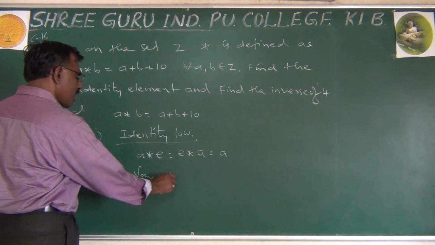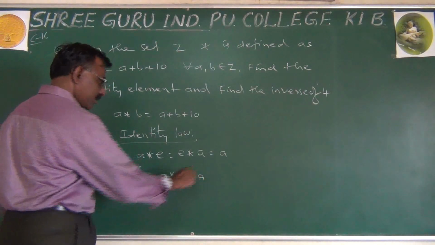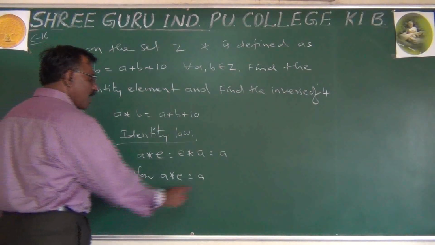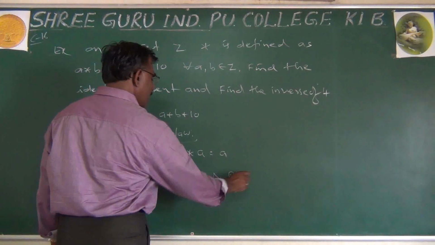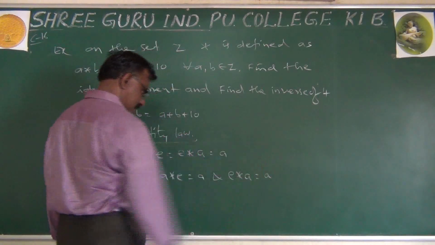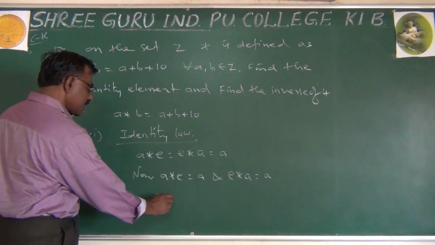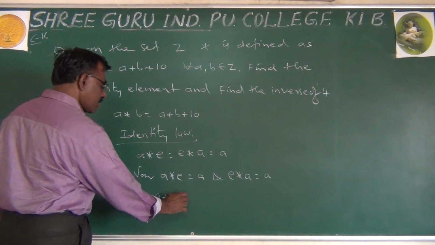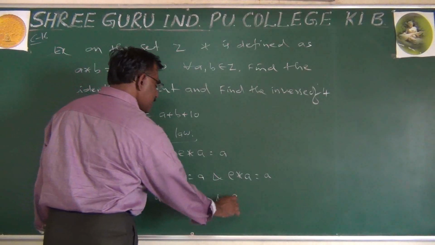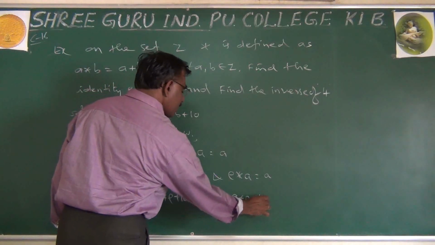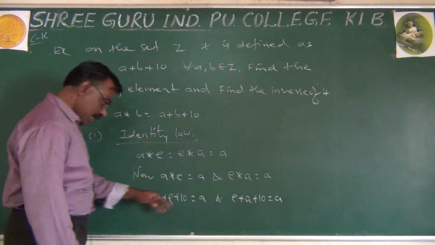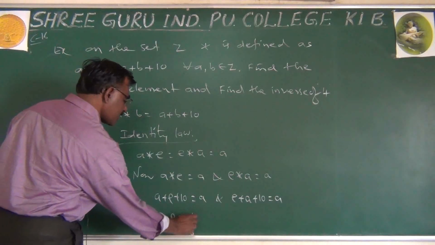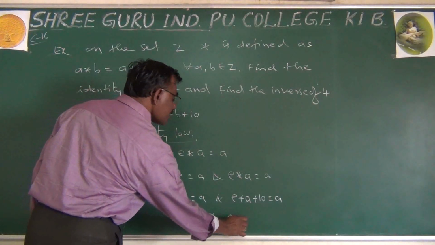Now A star E equals A, and E star A equals A. That gives A plus E plus 10 and E plus A plus 10. So A cancels, and E is minus 10 in both cases.